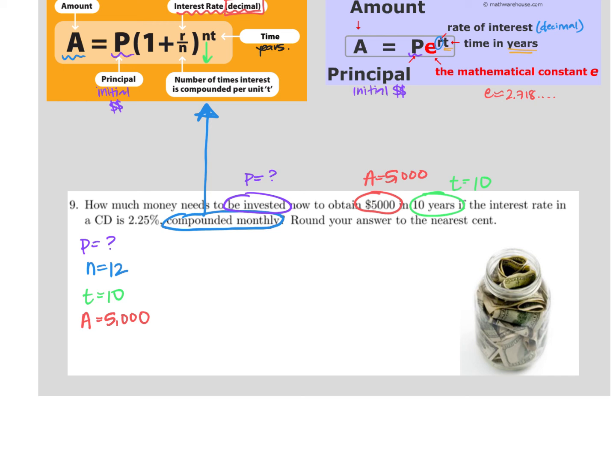We also know the interest rate is 2.25%. We do need to convert that to a decimal. So it's going to be 0.0225. And that's our r.